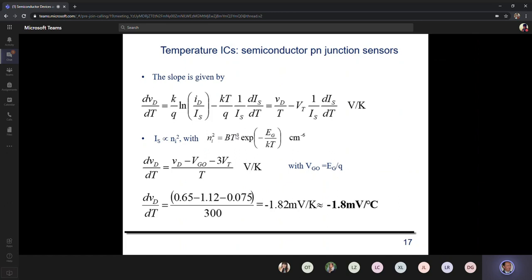So eventually one of the terms of the formula is Eg over Q, but Eg is an energy, so an energy over a charge gives you a voltage. So the ratio between Eg and Q can be indicated with the symbol Vg, that is simply the extension of the gap of the semiconductor measured in volts instead of being measured in electron volts or in joule.